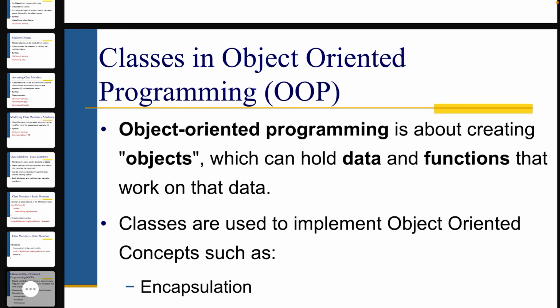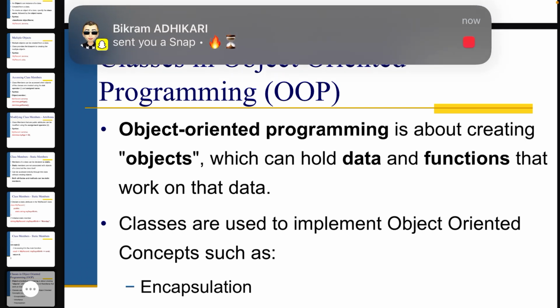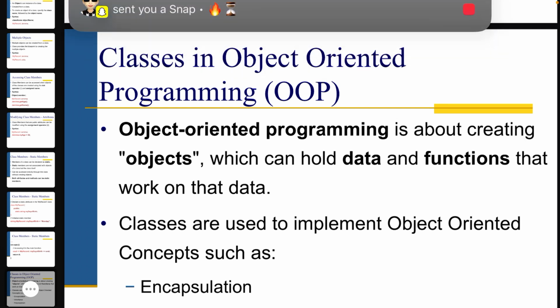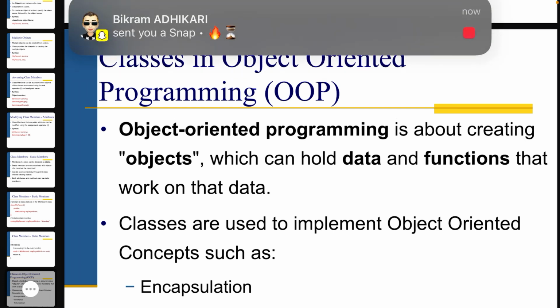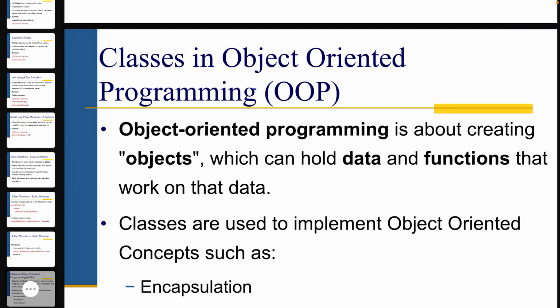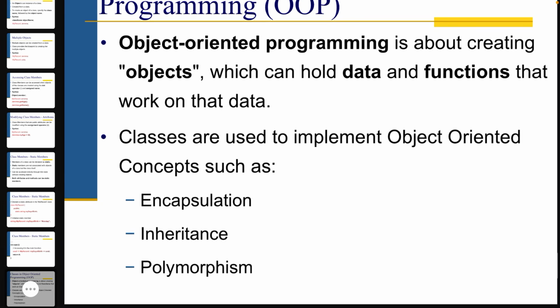Classes in object-oriented programming. Object-oriented programming is about creating objects which can hold data and functions that work on that data. And classes are used to implement object-oriented concepts such as encapsulation, inheritance, and polymorphism.